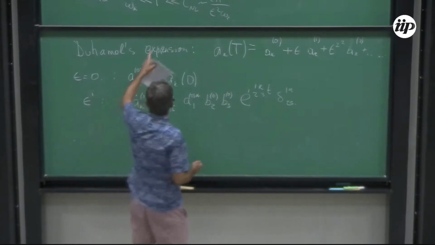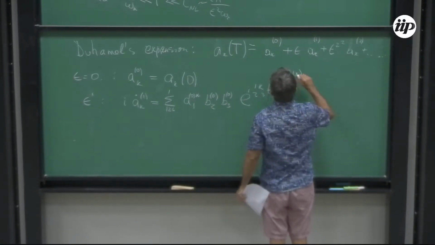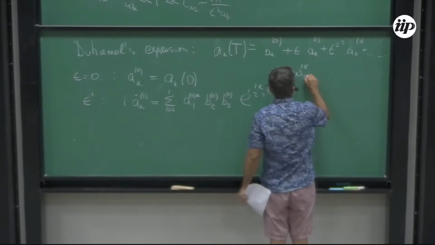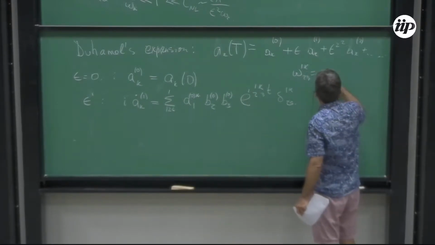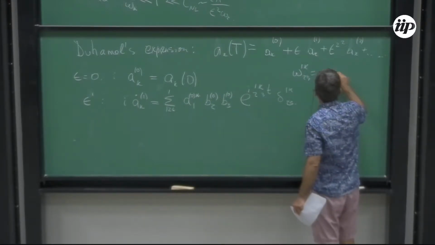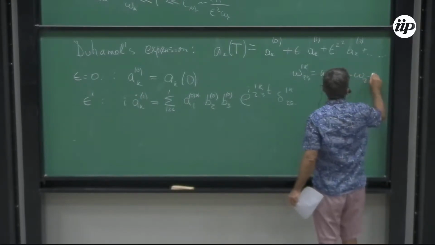Yes, I forgot to tell you that what I mean by omega 1k23 is again a shortcut notation for omega 1 plus omega k minus omega 2 minus omega 3.